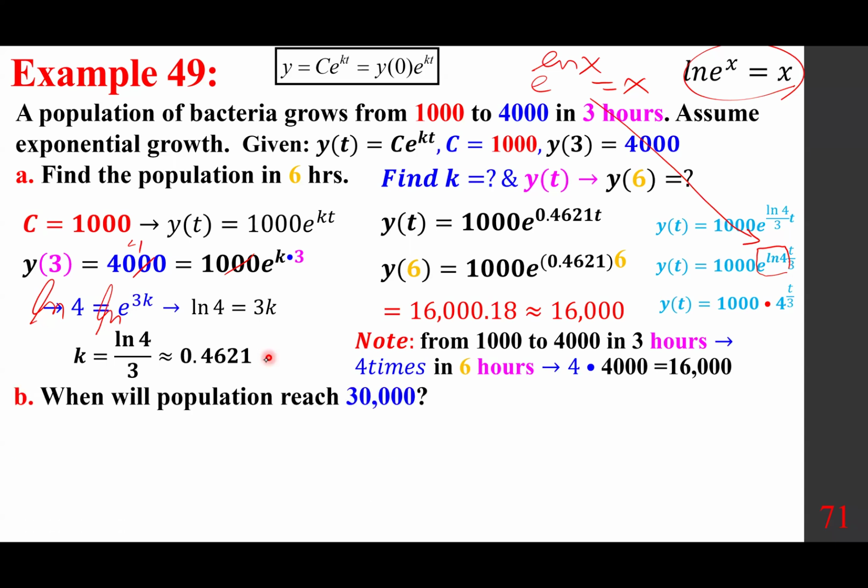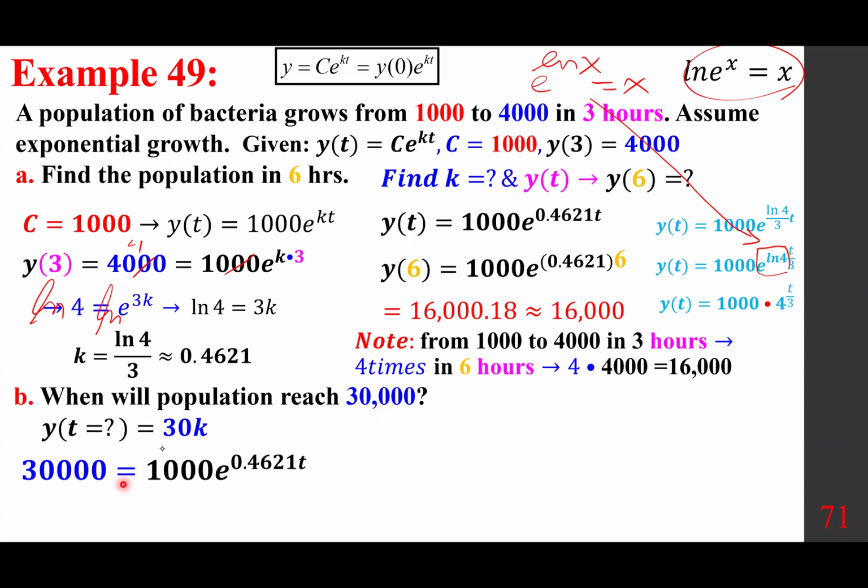Anyways, when will population reach 30,000? Well, you have this formula or this formula, set it equal to 30,000. So y of t equals, the missing unknown, is 30,000.